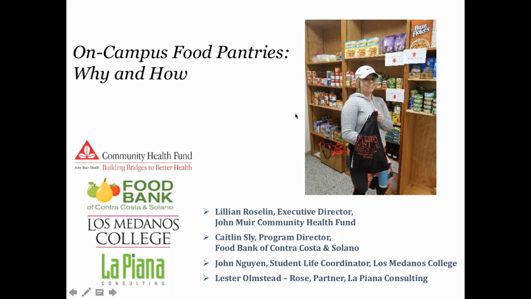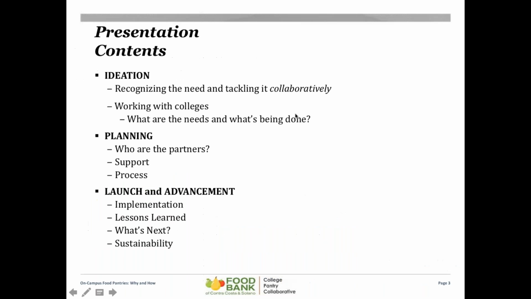Next slide, please. The goal of today's presentation is to share with you elements of the process that allowed for the successful launch of the Food Pantry Collaborative, which include the ideation stage, where we were focused on recognizing the need and tackling it collaboratively, cultivating relationships with colleges, identifying the needs and what's being done.